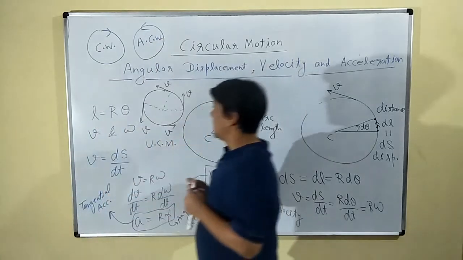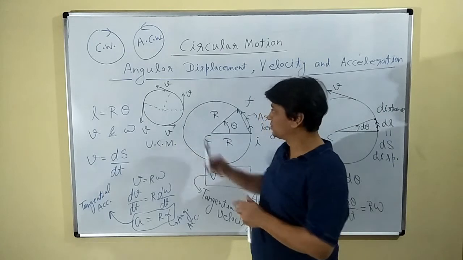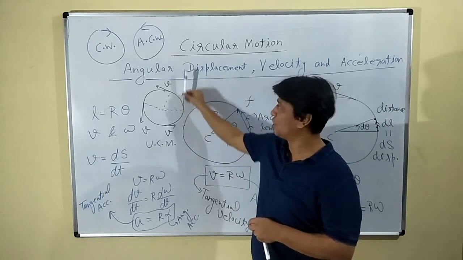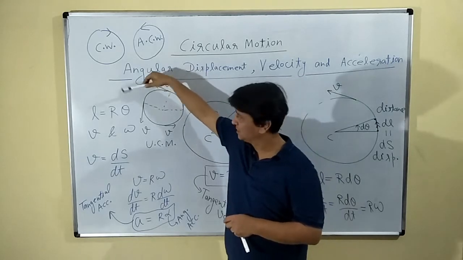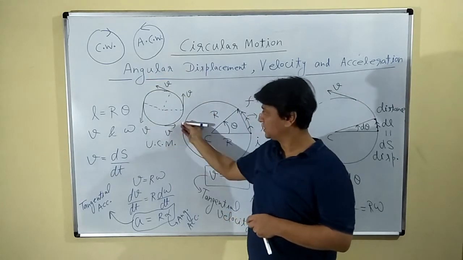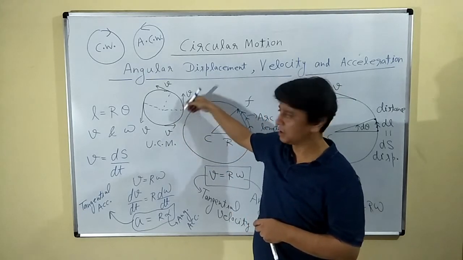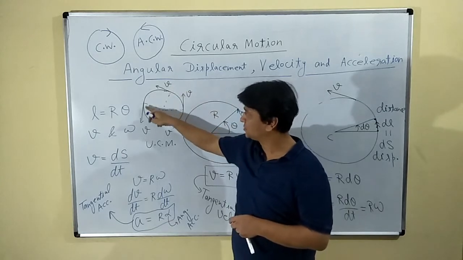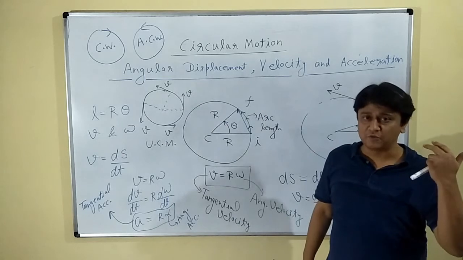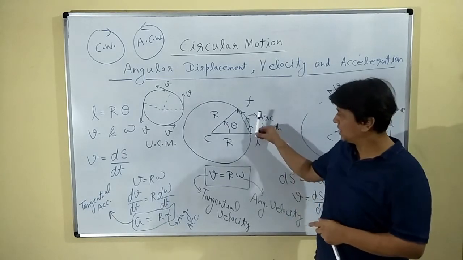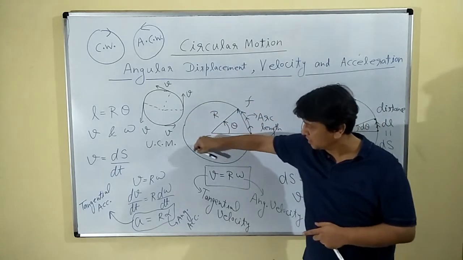Now, if I ask you what is the direction of velocity at this point, then you will say north. What is the direction of velocity at this point? Somebody will say west, south, east. At different points, if you had to define velocity, then there are infinite number of directions.